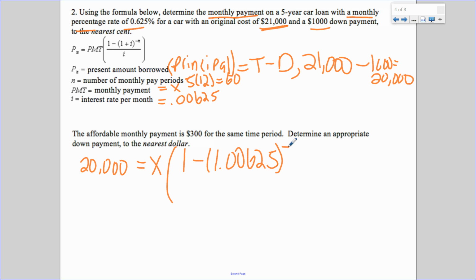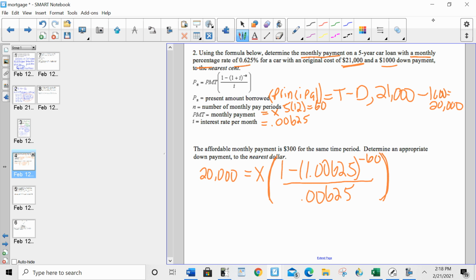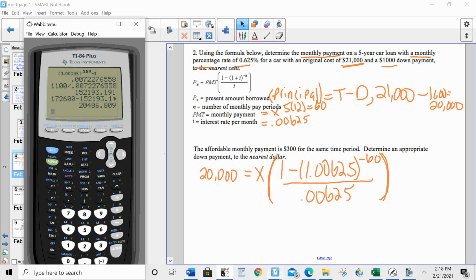To the negative n, to the negative 60, over i, 0.00625. So I'm solving for x, so I can type this whole thing into the calculator to make it easier. I don't have to. At this point, I could divide both sides by this giant thing, but I just find that more complicated. I'd rather just type this whole thing in first and get an answer for that, and then proceed.